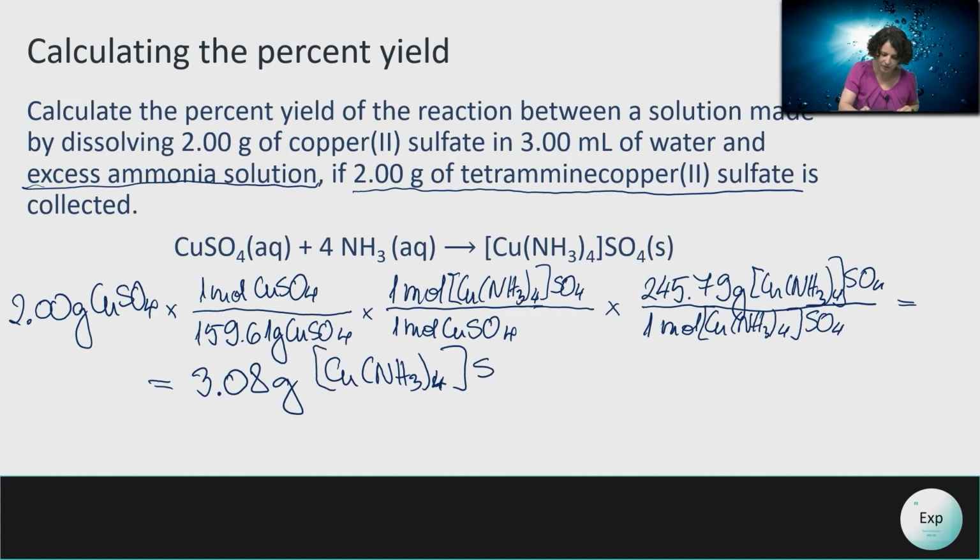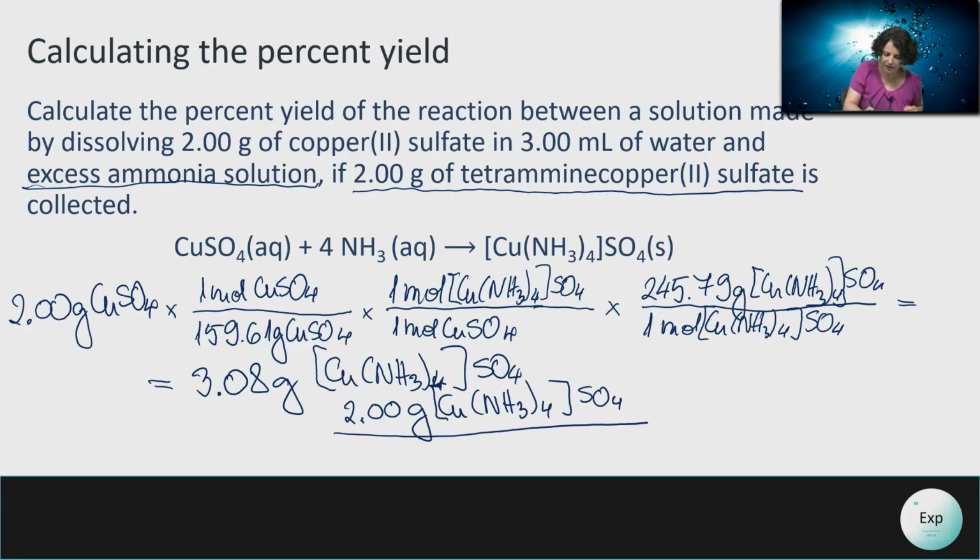To calculate the percent yield, we're going to take our actual yield from the problem, which is the 2.00 grams of the tetraamine copper 2 sulfate, divided by our theoretical yield, which is the previously calculated 3.08 grams of the tetraamine copper 2 sulfate.